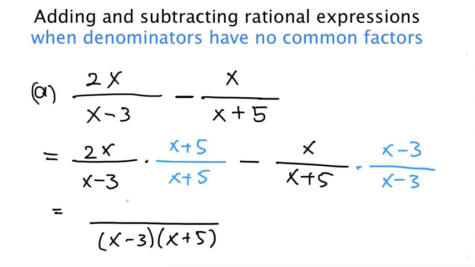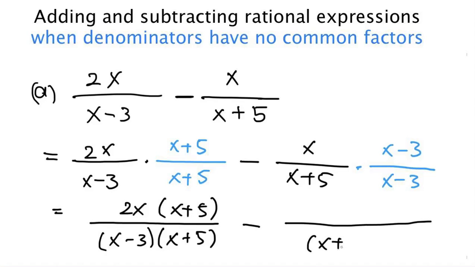Okay, in the numerator we have 2x times x plus 5. In the second fraction, we have x plus 5 times x minus 3 in the denominator. And notice that this is the same as the denominator of the first rational expression. And on top of the fraction, we have x times x minus 3. Okay?